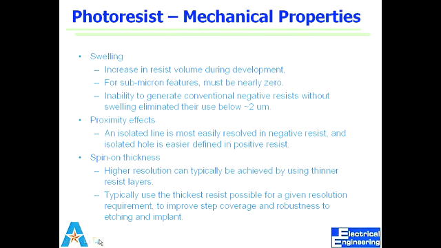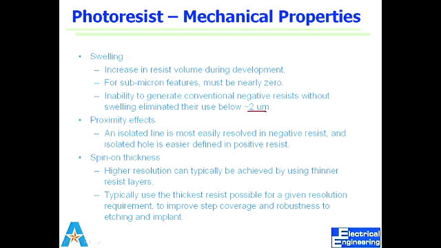Of course, the resist will expand, which will make my feature smaller, which is good, but it's uncontrollable. I don't know the variation, so we can't handle that. That was also an issue with negative resist, where they would always swell below 2 micron size.